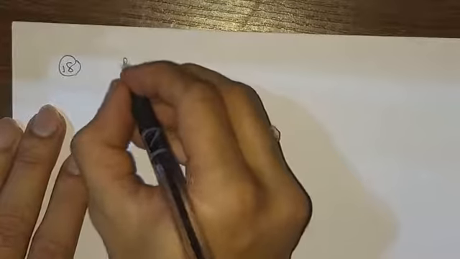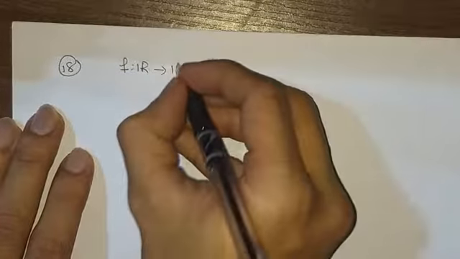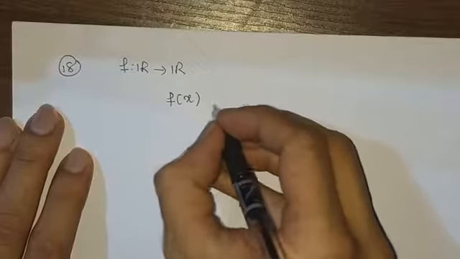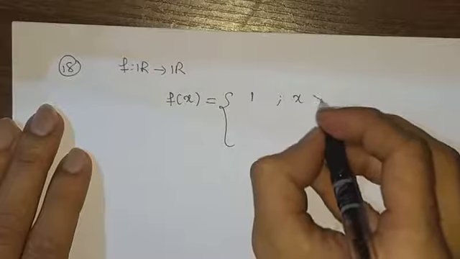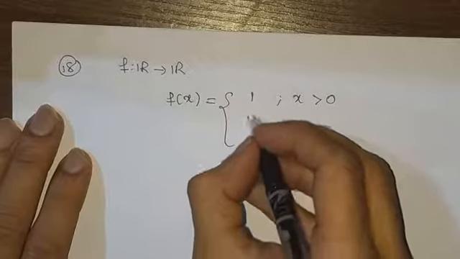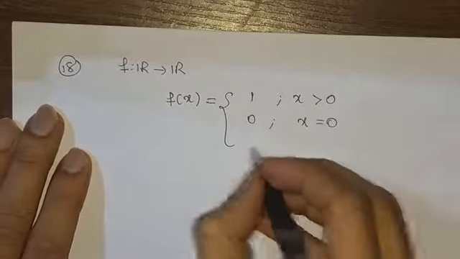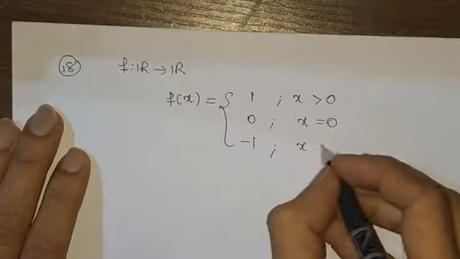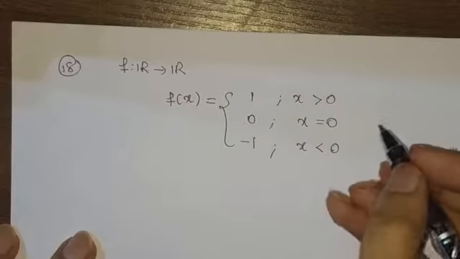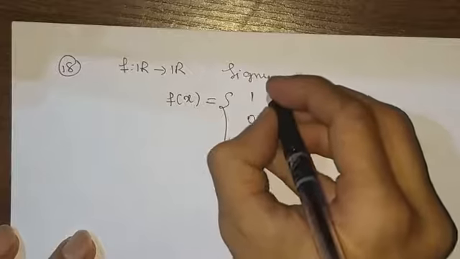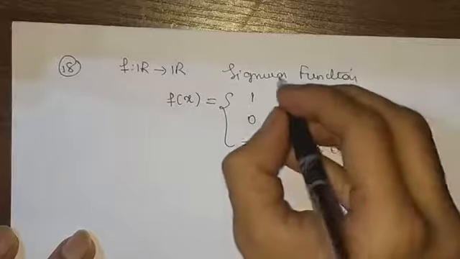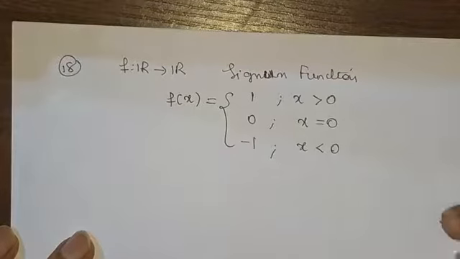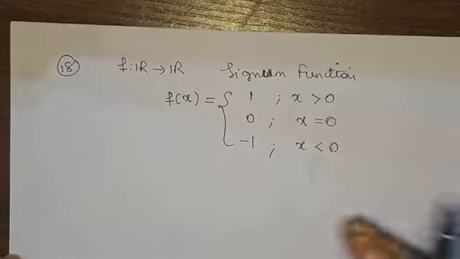So the 18th, the function given is f from R to R defined by f(x) equal to 1 when x is greater than 0, 0 when x is equal to 0, and minus 1 when x is less than 0. This is the signum function, which you have studied in the 11th standard.